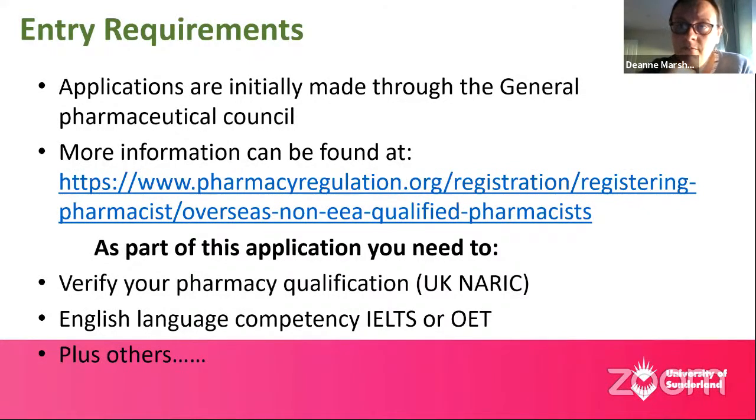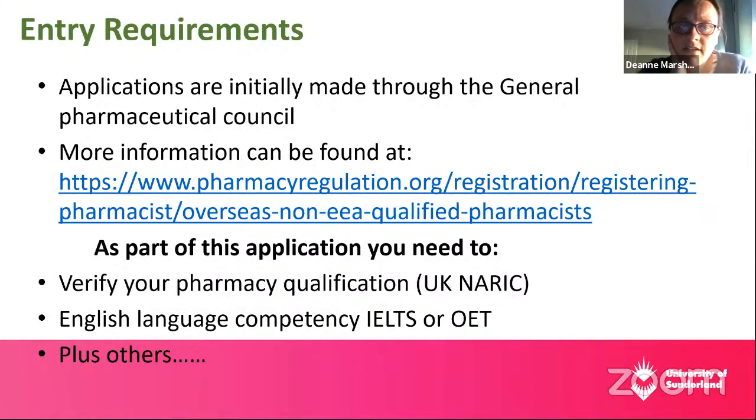There's a lot of stipulations of what documentation you need to hand in as well. For example, as part of the entry requirements, you would need to verify your pharmacy qualification, and this is done through something called UK NARIC. They would assess your qualification to see if it is suitable.